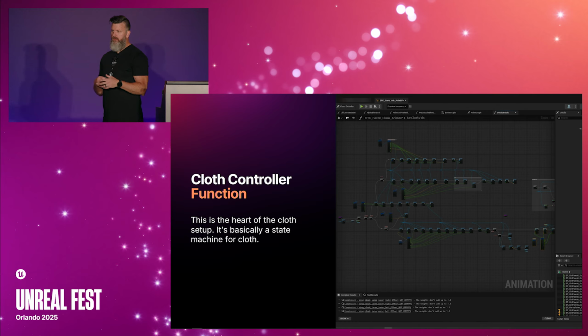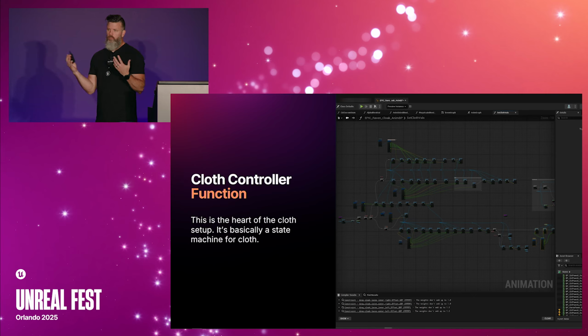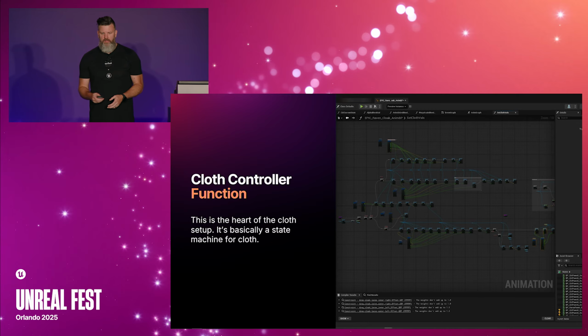There were certain scenarios, like when she was on the Vista, and we needed some more dynamic wind, where one set of values is just not going to work. So what this function does is basically go through, and depending on what she's doing, it sets certain states, and then based off those states, I set cloth values.